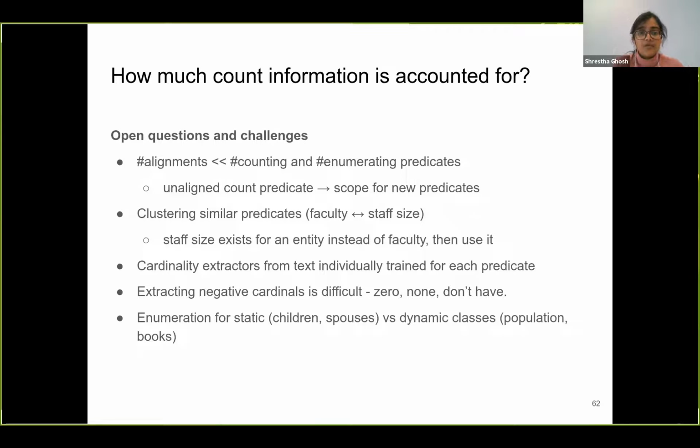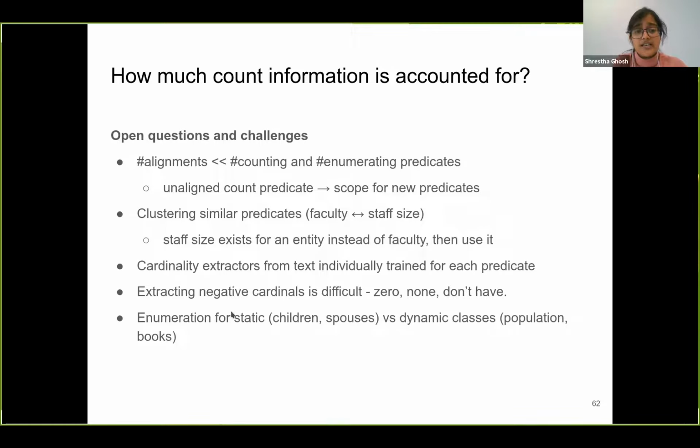So there are a number of open questions and challenges. Firstly, as we saw in the previous slide, the number of alignments is very small compared to the total number of counting and enumerating predicates, which hints at the scope of new predicates. If there is any unaligned counting or enumerating predicate, there's scope for introducing new or missing predicates.